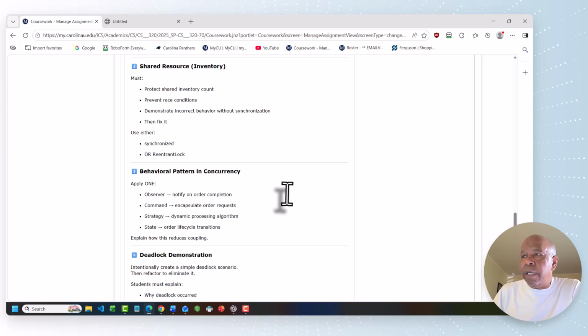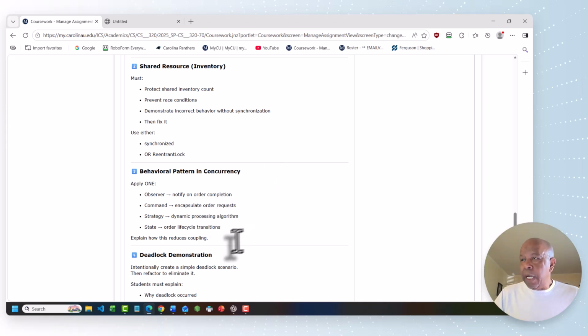Behavior patterns in concurrency: apply one in this process that we're building, whether it's observer, command, strategy, or state. Observer: notify on order completion. Command: encapsulate order requests. Strategy: dynamic processing algorithm. State: order lifecycle transitions.